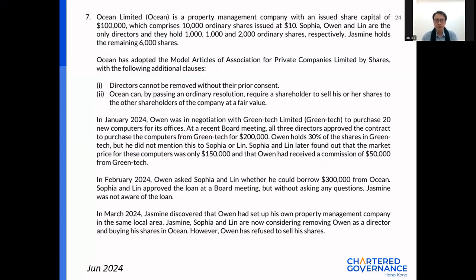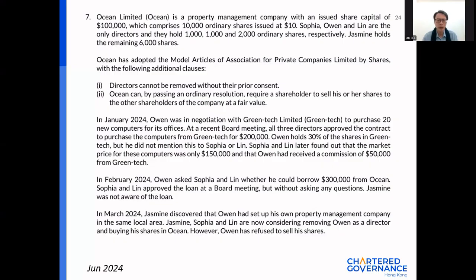The second one is talking about whether you can require, in a way, sort of forcing a shareholder to give up his or her shares to the other shareholders if you have enough votes. And the threshold is an ordinary resolution, so it's not a high threshold. As long as more than half of the voting rights said yes, then that particular shareholder will have to give up his or her shares, but it will be sold at a fair value.